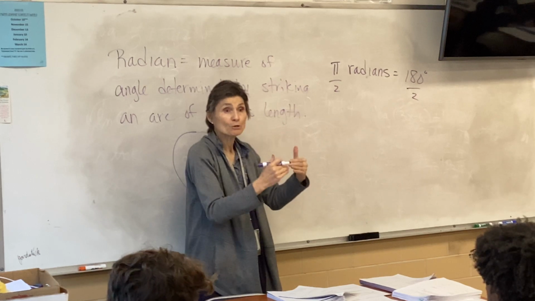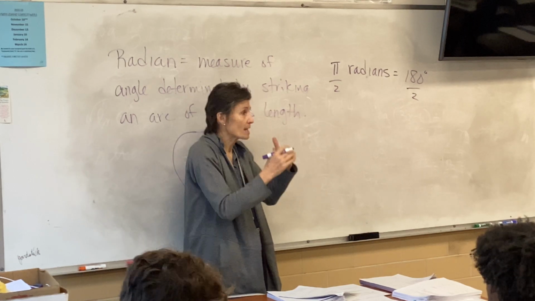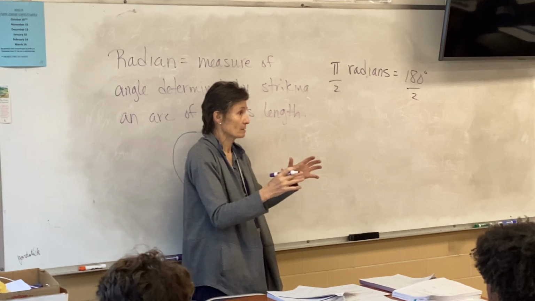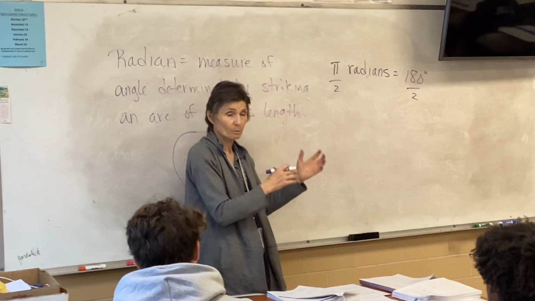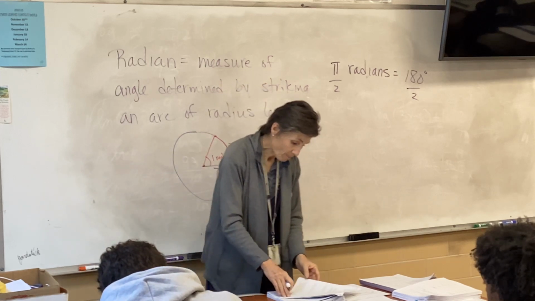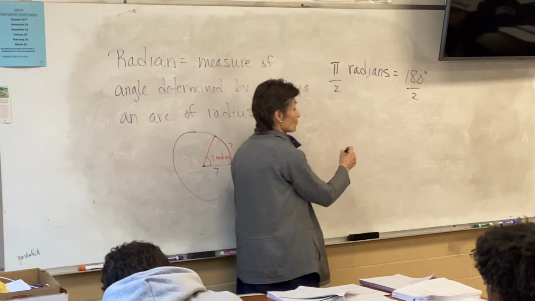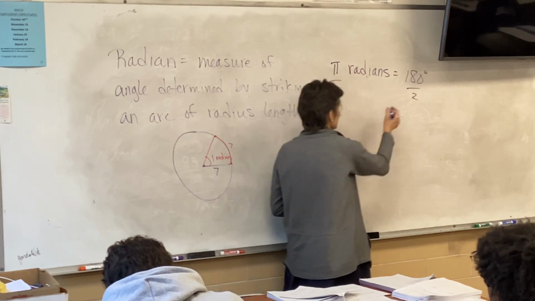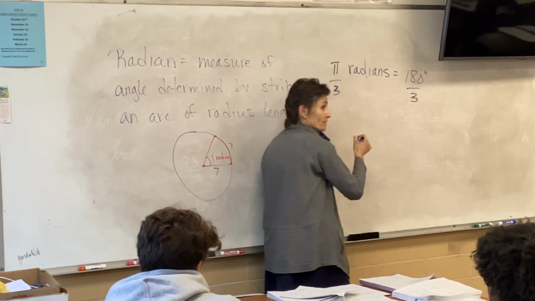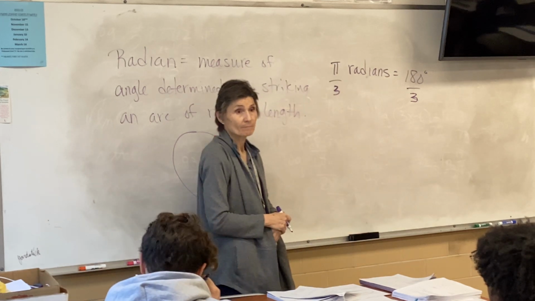So pi over 2 radians is the same as 90 degrees. So anything you would do with 90, you can do with pi over 2. How many degrees are in pi over 3 radians? Well, pi over 3 radians would be 60 degrees.